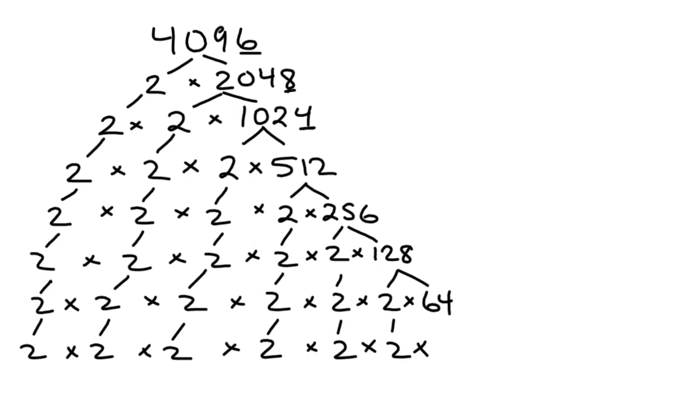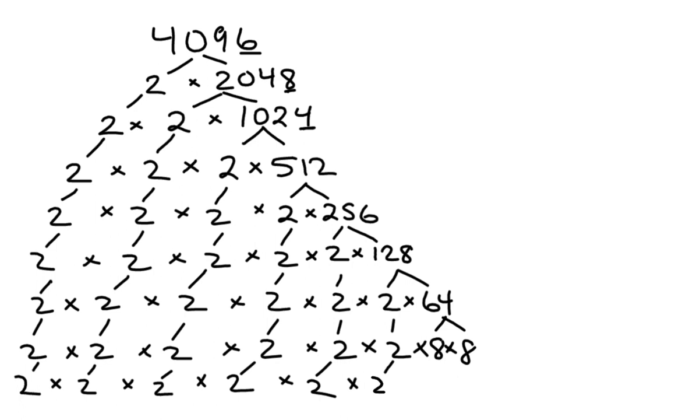Well, 64, we know could be 8 times 8. 2 times 2 times 2. This is a monster of a prime factorized form. 4 times 2 and 4 times 2.